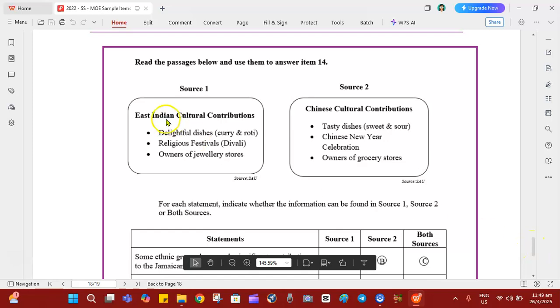They often have like 3 for each, but 2 main ones for Haiti, 2 main ones for Cuba, and 3 for Jamaica. All right, source 1, East Indian cultural contributions. They have delightful dishes, which is curry roti, religious festivals, which is Diwali, owners of jewelry stores. Source 2, Chinese cultural contributions: tasty dishes, sweet and sour, Chinese New Year celebrations, and they have owners of grocery stores.